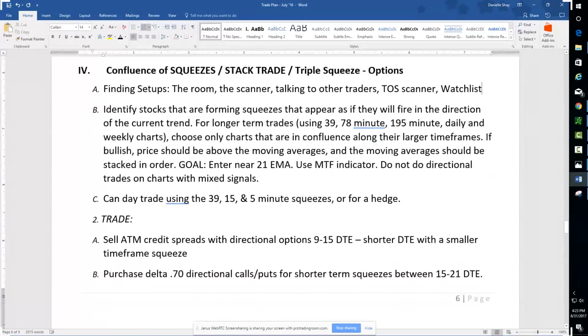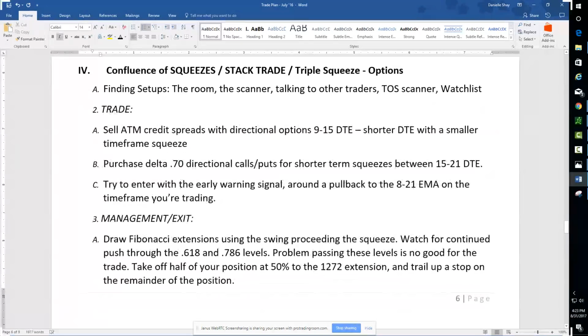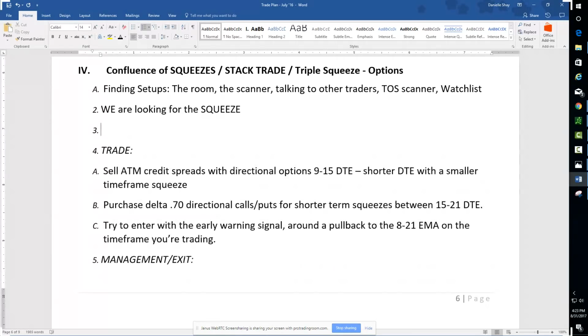Okay, so we're just going to erase this because this has changed, and I'm going to write how I do it now. I really just updated everything over the course of the past year. So basically, we're looking for the squeeze. What makes a squeeze stronger?